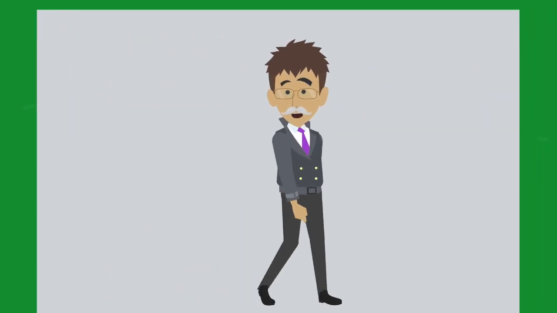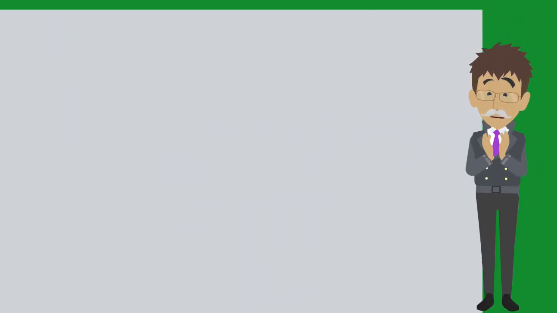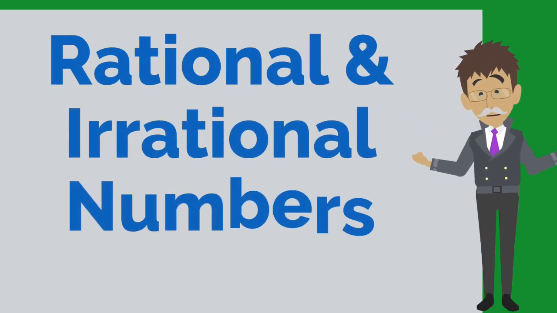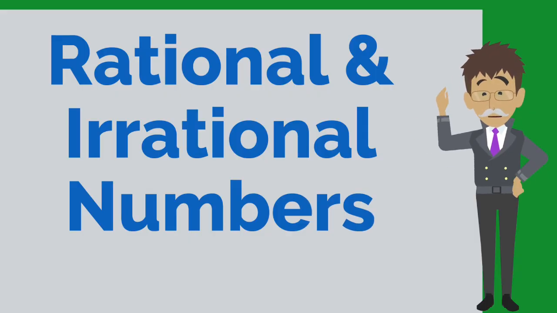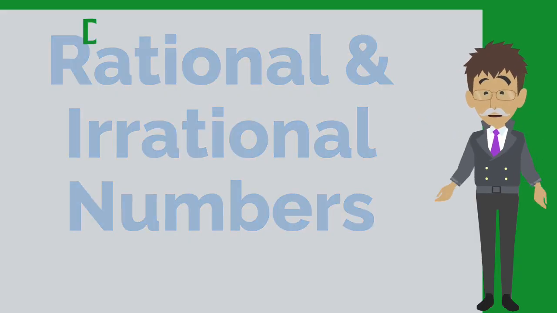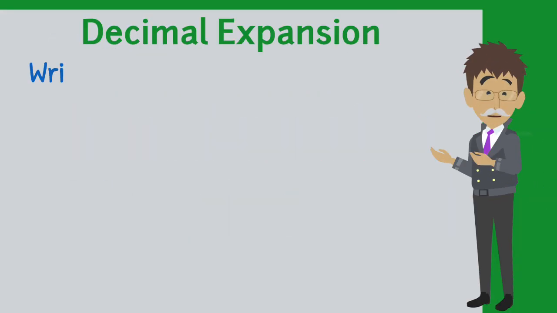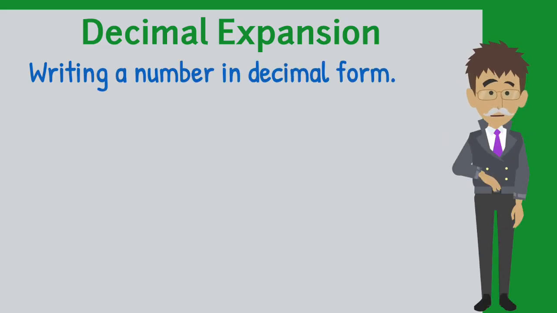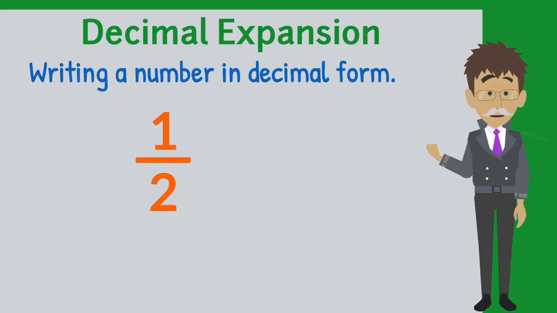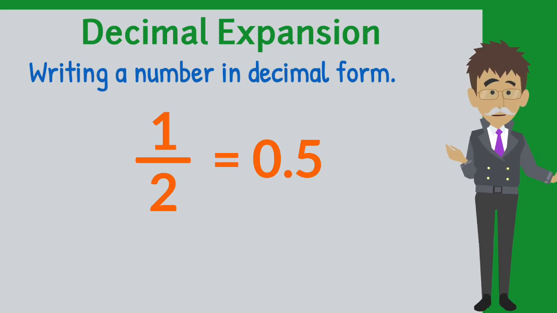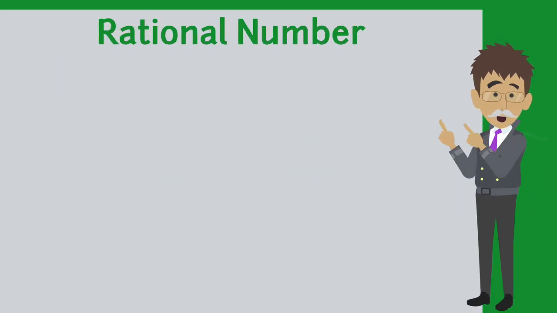Numbers can be classified based on how we can write them. Some numbers are rational, while others cannot be written as simple fractions. Decimal expansion. Writing a number in decimal form. For example, 1/2 equals 5/10. Rational number.